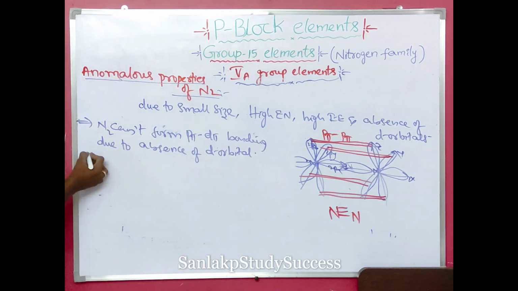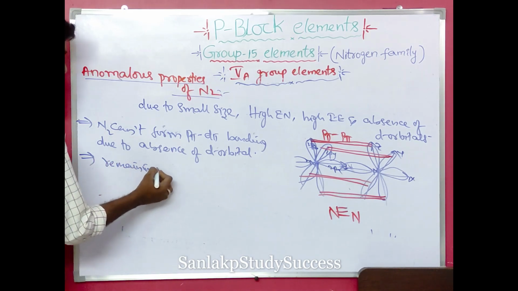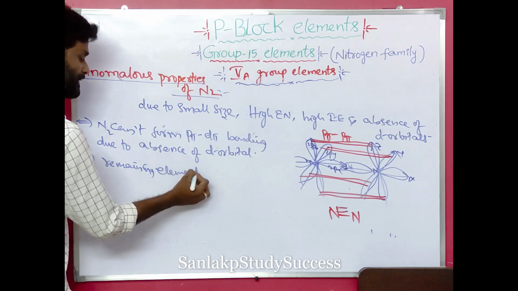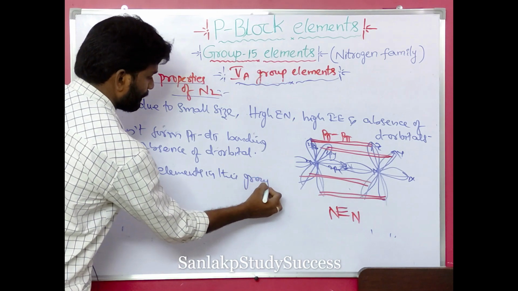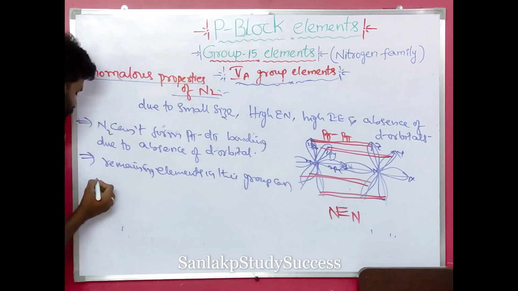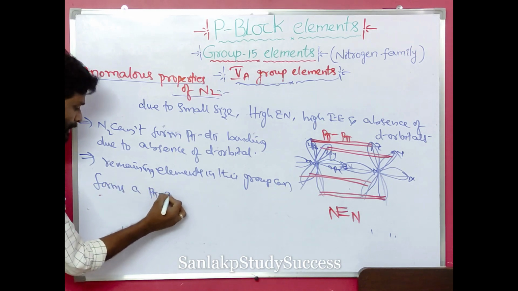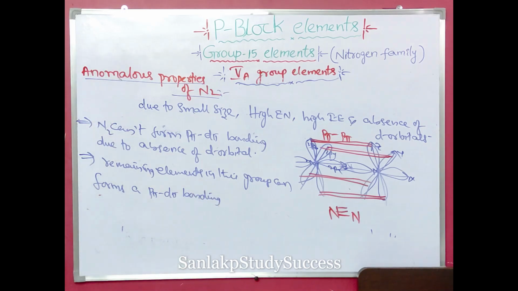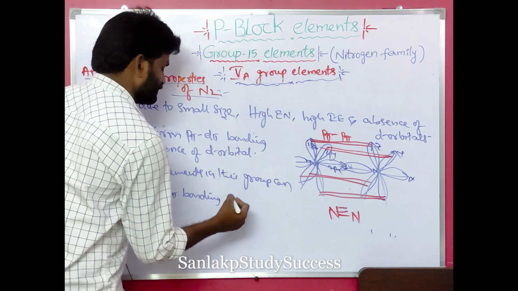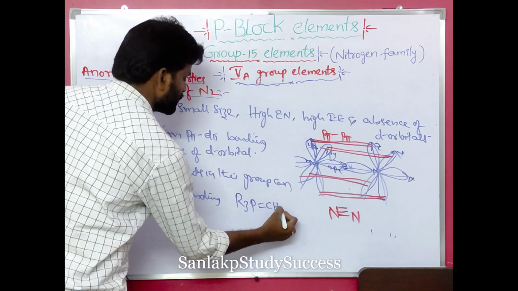So the remaining elements in this group can form p-pi d-pi bonding, due to all of them containing d orbitals. Like R3P double bond CH2.